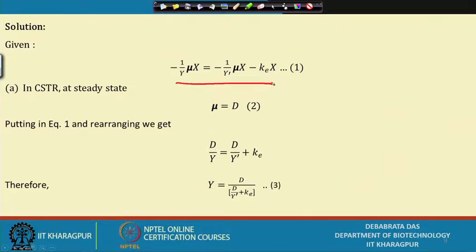Am I right? This is the equation we had. Now, if you divide by mu x, then what will you get? 1 by Y equal to 1 by Y' plus k_e into 1 by mu. Okay, am I right? So, this is exactly what we wanted to do here.